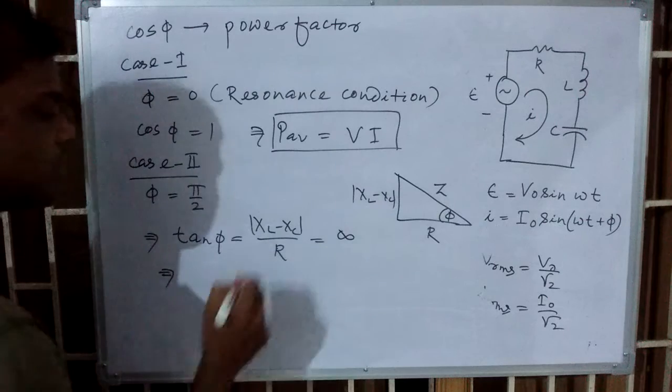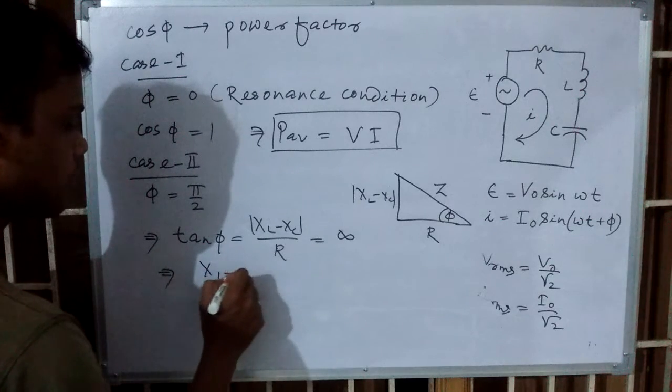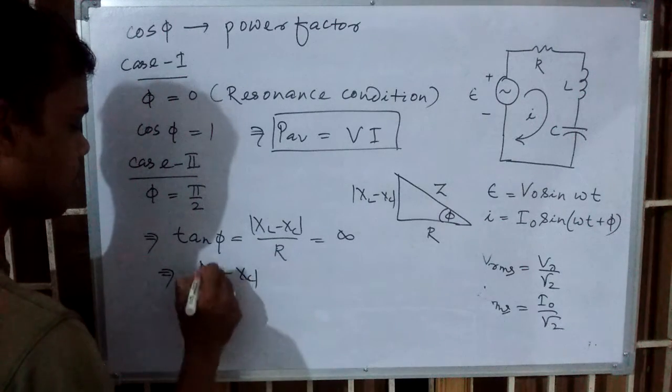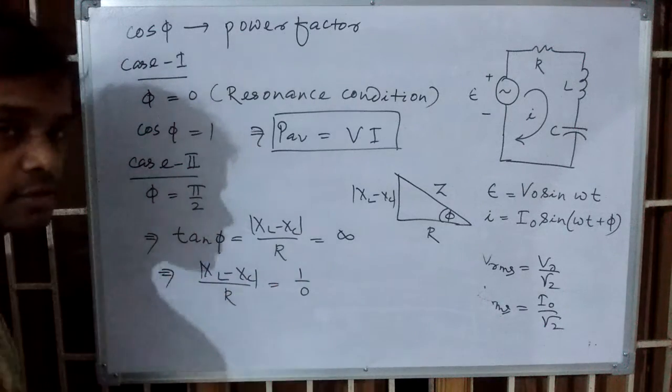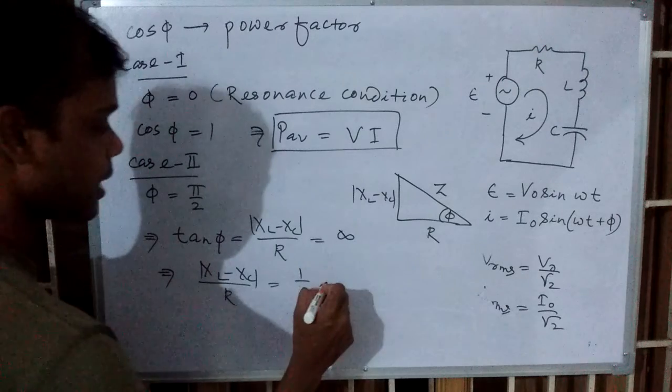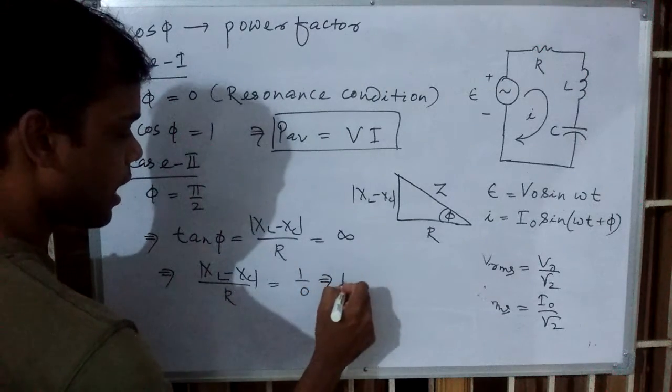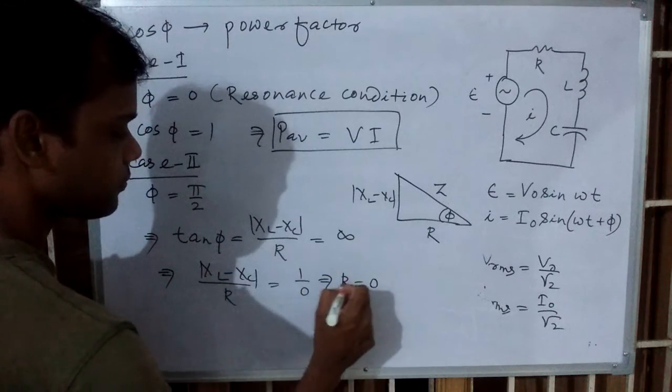So mod of XL minus XC by R is equal to, I can write infinity as 1 by 0. If you cross multiply, then R is equal to 0.